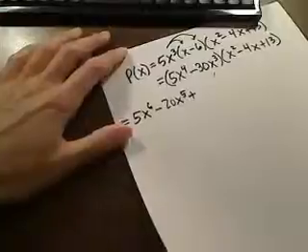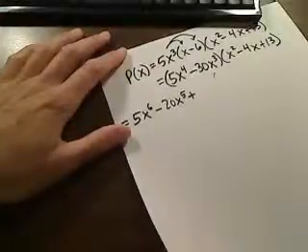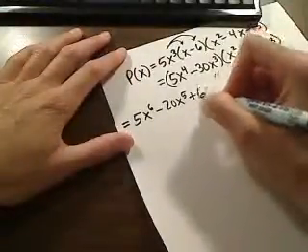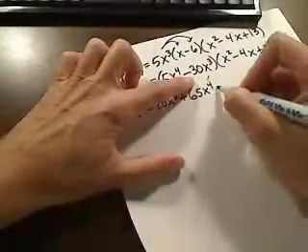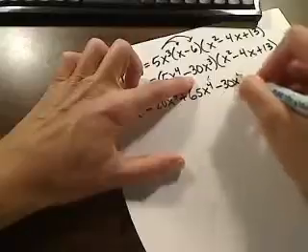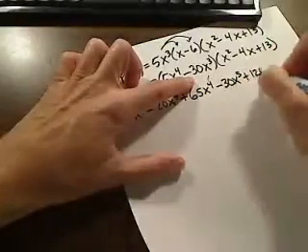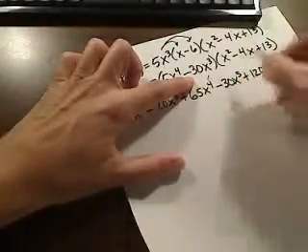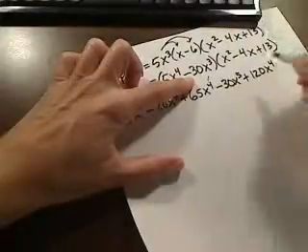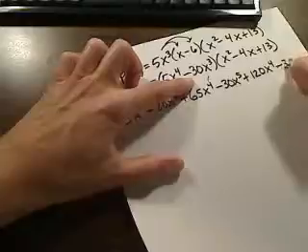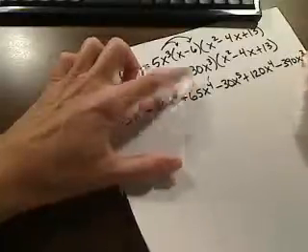I'll just check it. So we have 65x to the 4th. Okay, let's take the minus 30 through. So we get a negative 30x to the 5th, a positive 120x to the 4th, and then 30 times the 13, so we get 390, and it's a negative 390x to the 3rd.